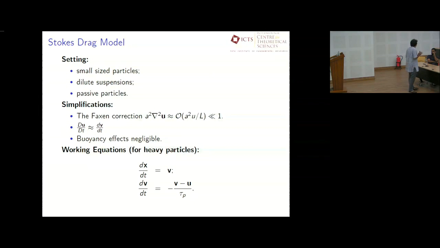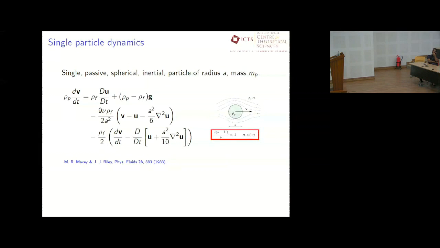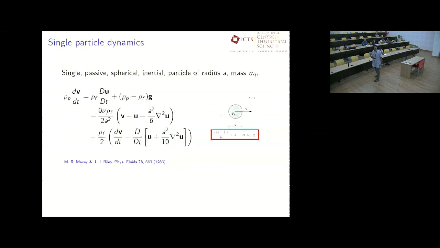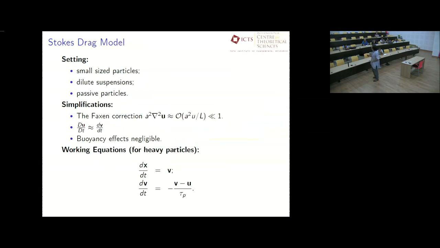So u is the velocity of the fluid, and v is the velocity of the particle, all right? This looks nicer than the equation that I showed you before, and you just have to trust me, it's a short talk, that when you do certain reasonable approximations, which have to do with the size of the droplet being small and the suspension being reasonably dilute, etc., you end up with this equation.